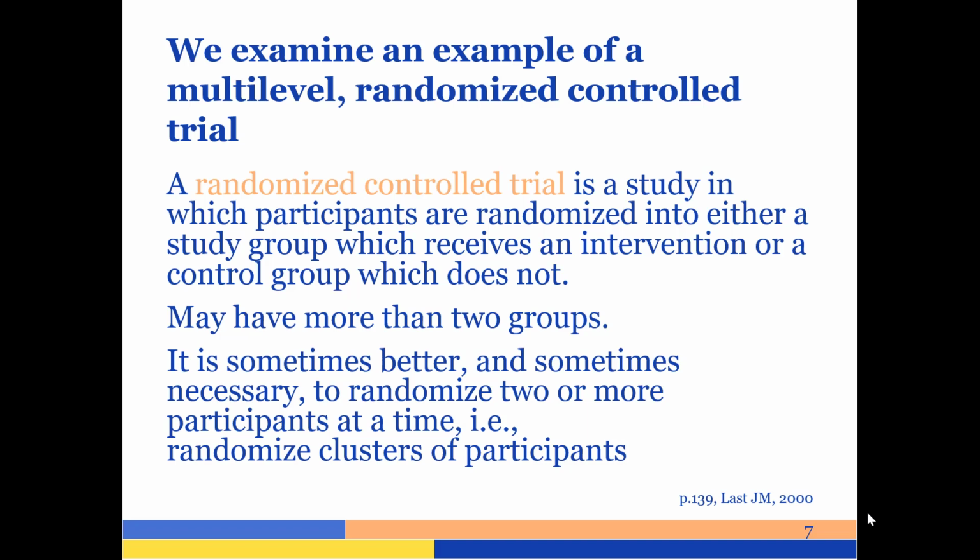You are probably familiar with randomizing individuals into intervention and control groups. In the following example, we're going to talk about just the same type of randomization, just with clusters of multiple people instead of just individuals being randomly placed into treatment and control groups.